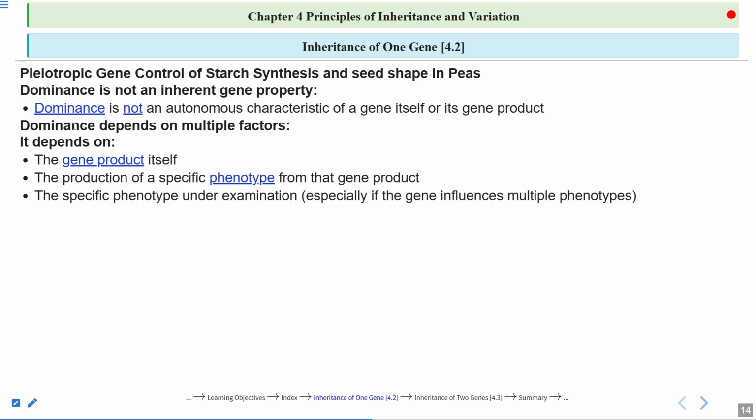Clear? So it depends on the gene product. It depends on the production of a specific phenotype from that gene product, and the specific trait or specific phenotype under examination. Because you can see the same gene is showing incomplete dominance when you are analyzing one character, and the same gene is showing complete dominance when you are analyzing another character.